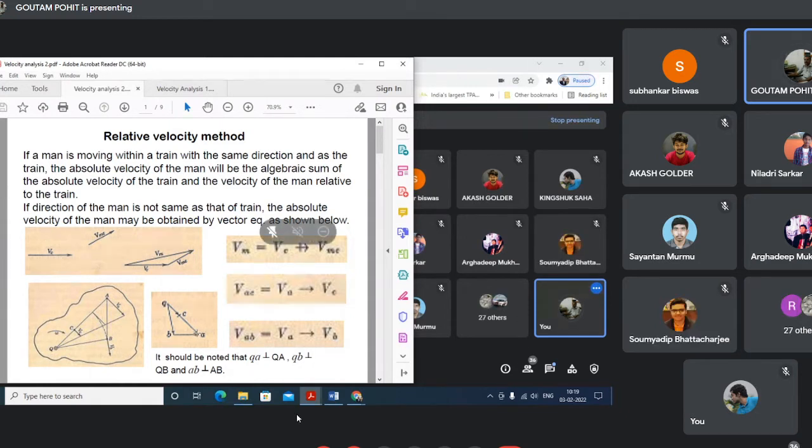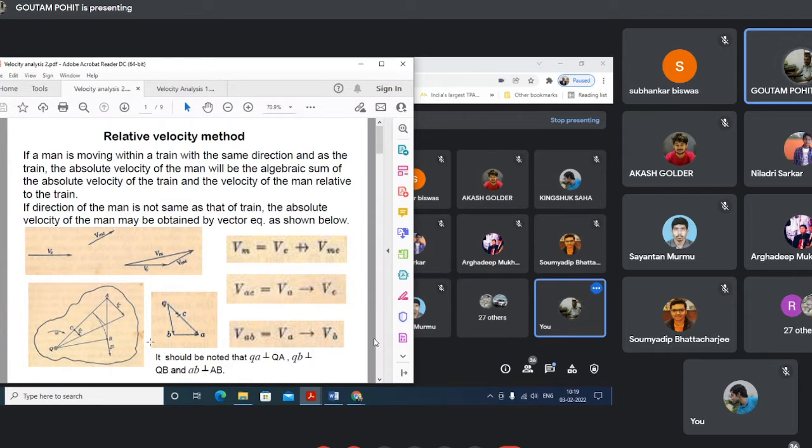And you see that the direction of VAB will be perpendicular to the line AB, because we always follow the same concept: whenever we see a velocity, we join that point to the other point, and the direction of the velocity will be perpendicular to the line joining them.